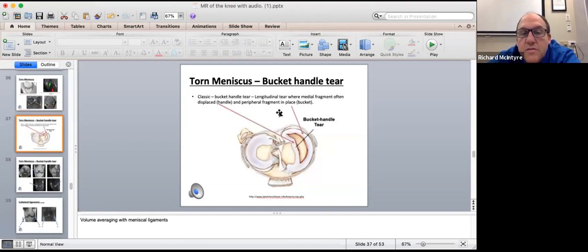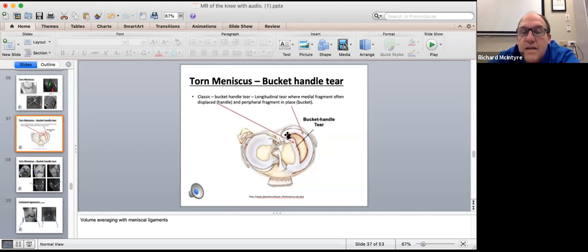Bucket handle tears. So we've got the bucket handle. Okay. And we've got, I beg your pardon, sorry, the bucket. And we've got the bucket handle. Okay, so you can see how that tear has just split that cartilage into two, longitudinal to the cartilage.